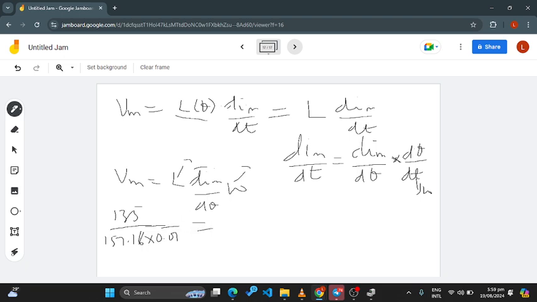This should be equal to 10 divided by the change in theta. So what would this give you? 85.18. Divide that by 10.